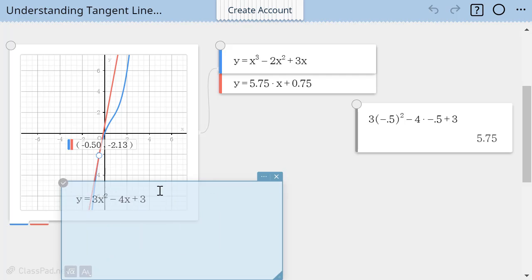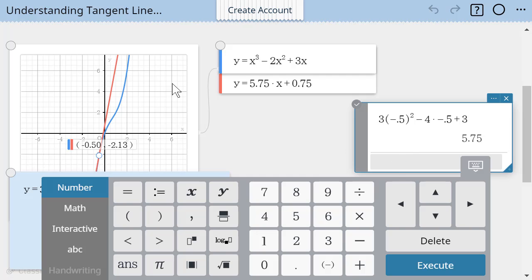And if I wanted to verify that, what happens if I plug this given value of x into the original function? So let's just do that. We have negative 0.5 cubed. Oops, I didn't need to do that. And all I'm doing is plugging into the original function.